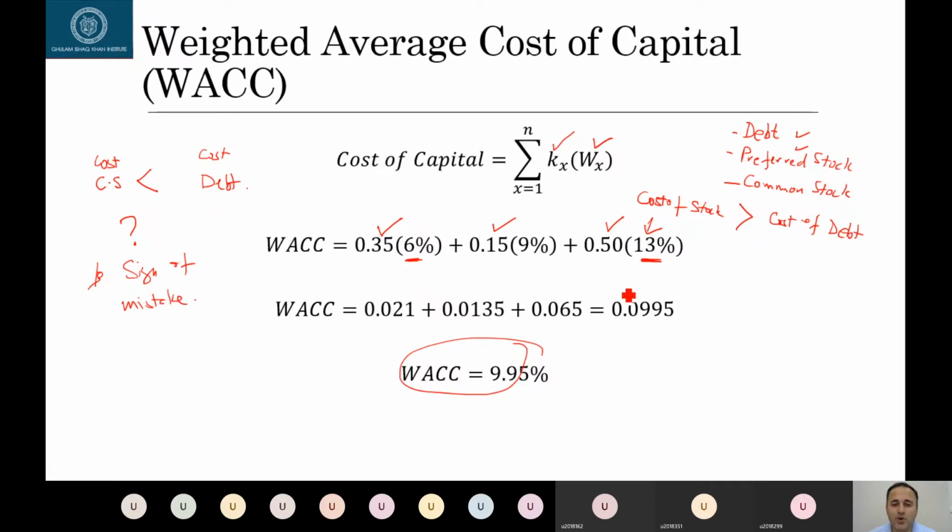Most of the time, 99.9% of the time, the cost of stock should be more than the cost of debt. If it turns out that the cost of stock is less than the cost of debt, you made a mistake.